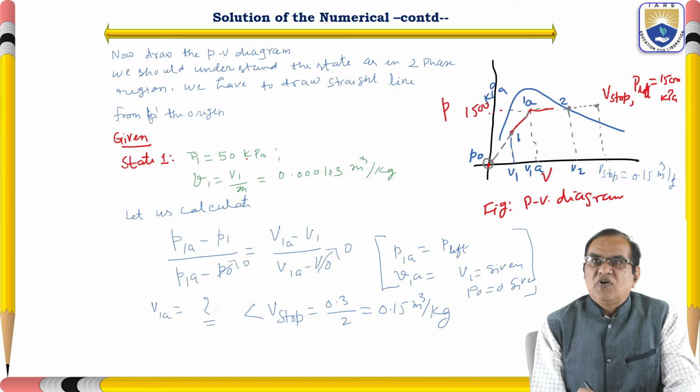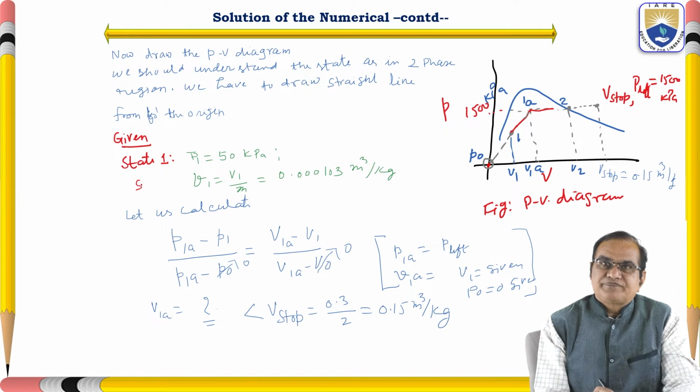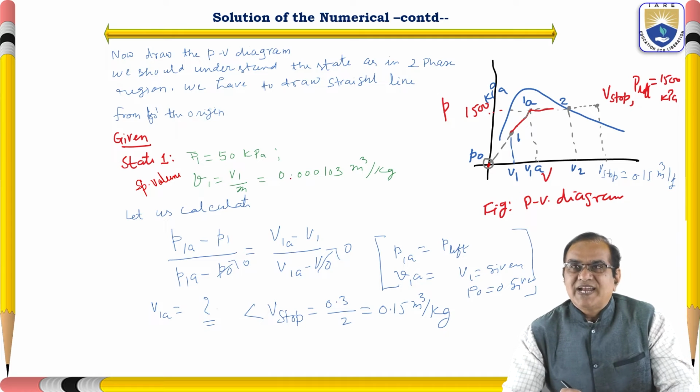P1 is equal to 50 kilopascal. Specific volume v1 is equal to total V1 by mass. Mass M is given and V1 is also given, so we get the specific volume v1 equal to V1 by M, which is 0.000103 meter cube per kg.